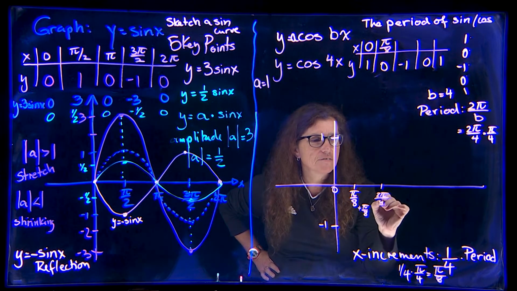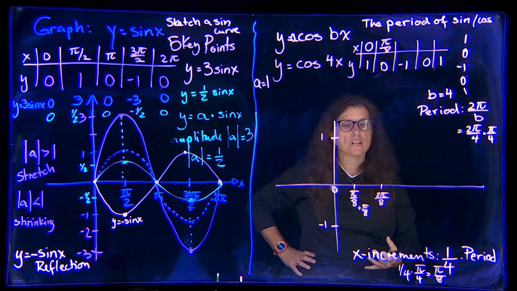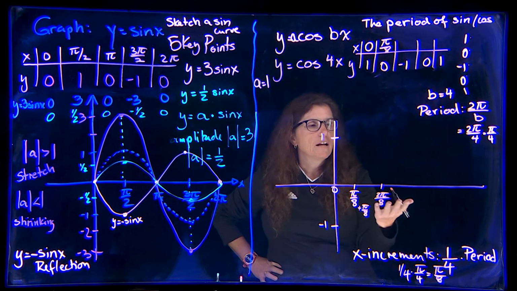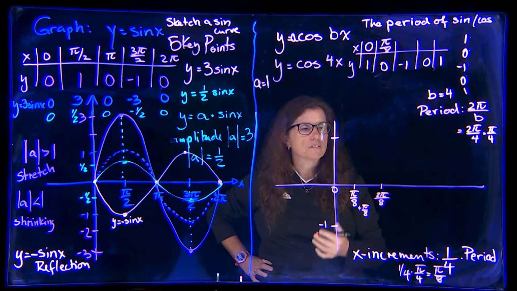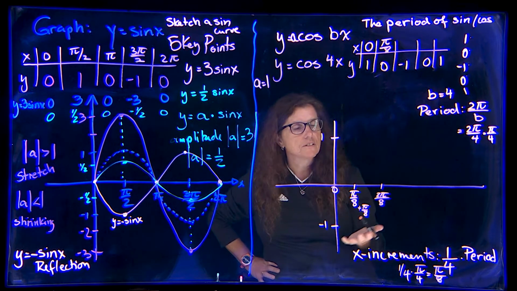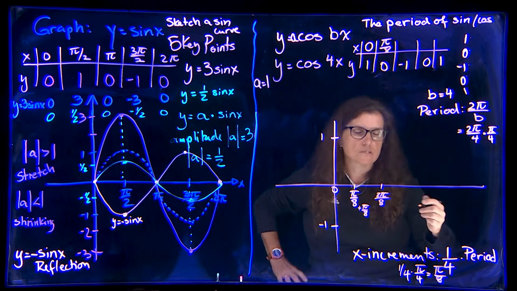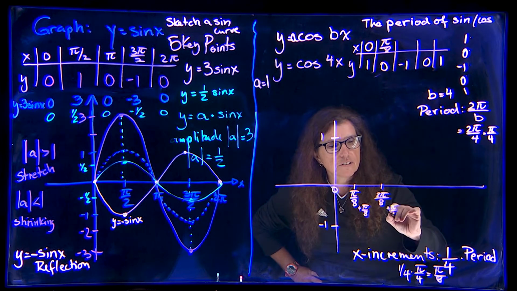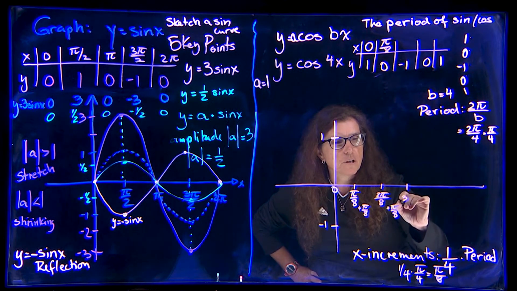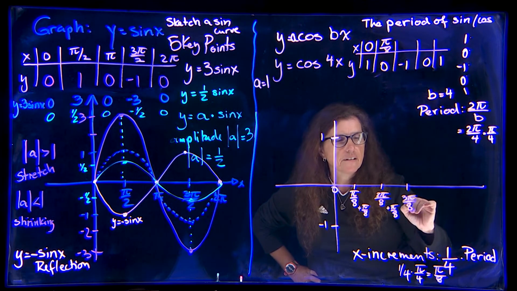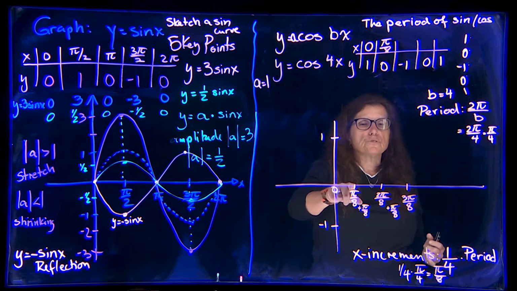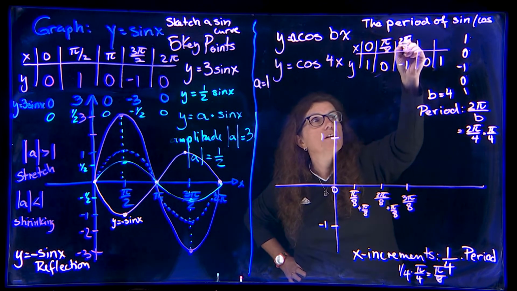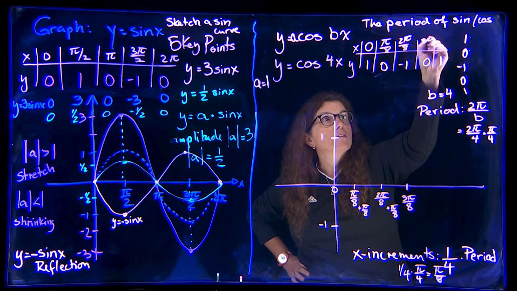I strongly advise you not to reduce that because we keep adding pi over 8, and we need to have the same denominator. That way it makes it easier on you, and you don't have to constantly find the least common denominator. So another pi over 8 is 3 pi over 8.